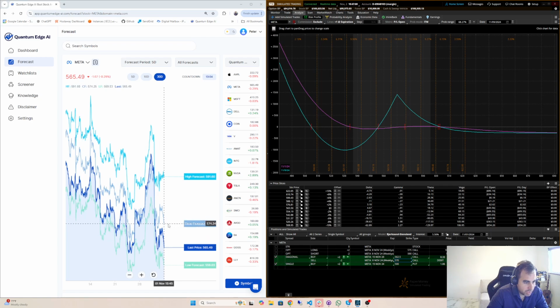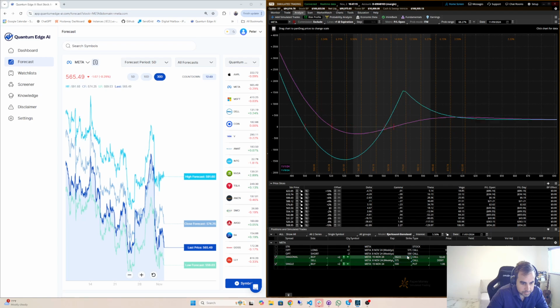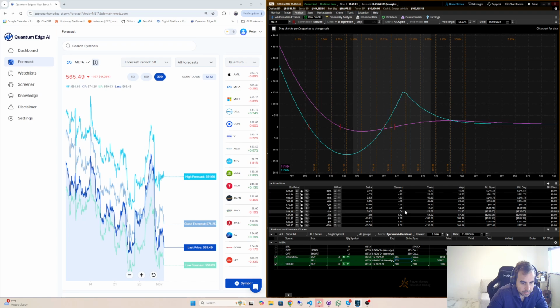So what would be optimal would be to place this short call in the close forecast location. So maybe somewhere around the 575. And then we can adjust this like so. 565, it's the at the money.